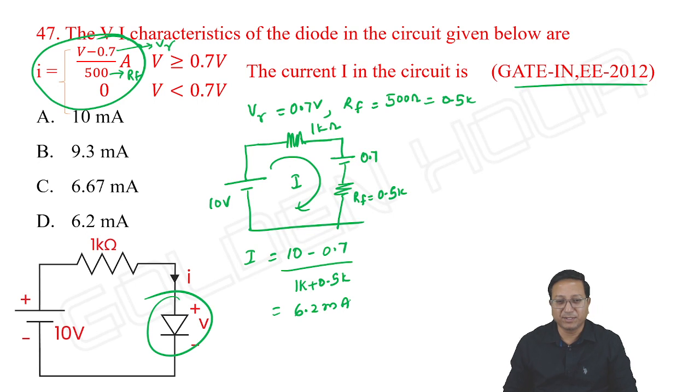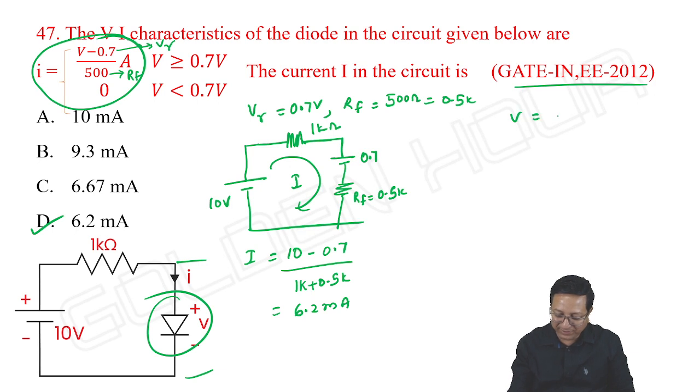It's a very, very simple thing. Everything is fine. Just as an extension, we have got the answer here, 6.2 milliampere. But out of curiosity, I calculated the voltage across the diode.